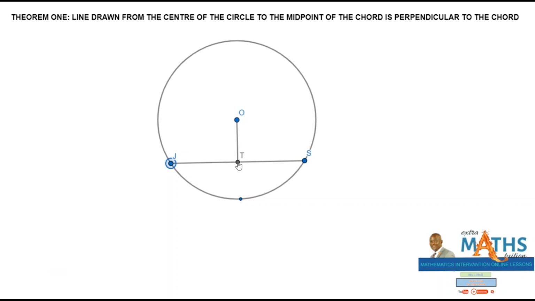We have the angle, and oh, wow, it's 90 degrees. It means it is really 90 degrees, which is also known as perpendicular to the chord. Now, let us take this theorem and try to prove it, because in one of the questions on exams, you'll be required to prove this theorem.